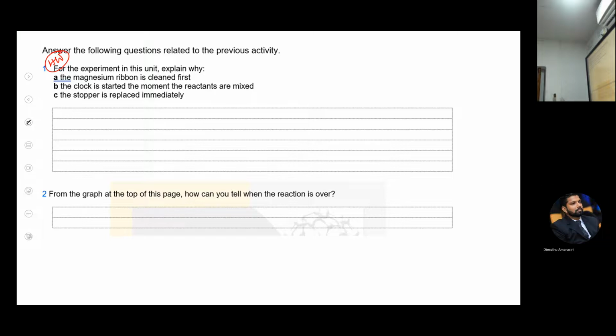So it exceeds that. In the case of the gradient, reaction is visible.